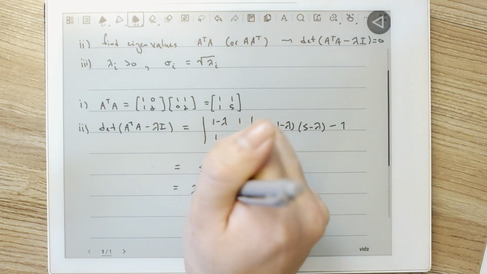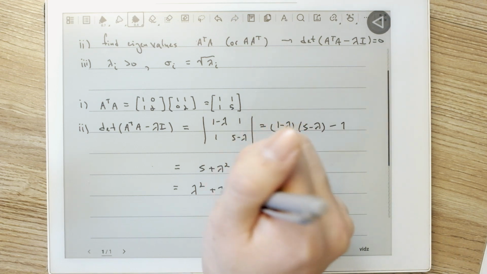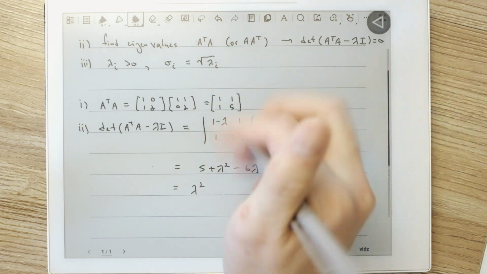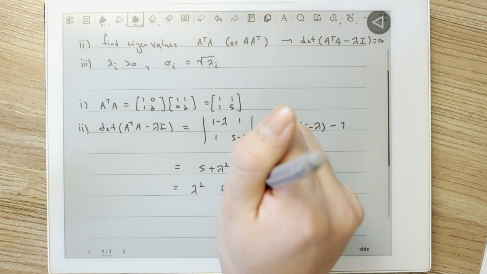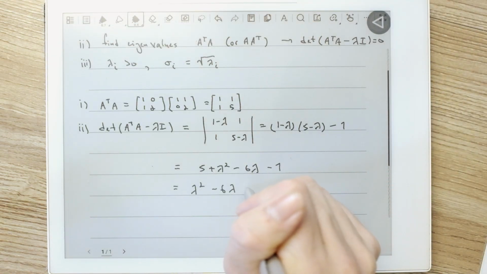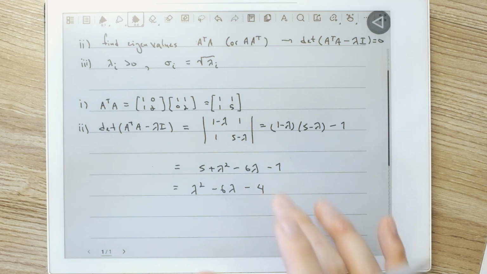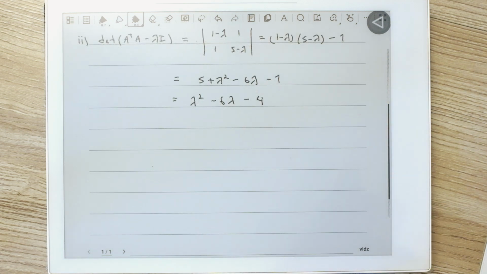And so we can rewrite this as lambda squared minus 6 lambda plus 4. Okay, so we have that.